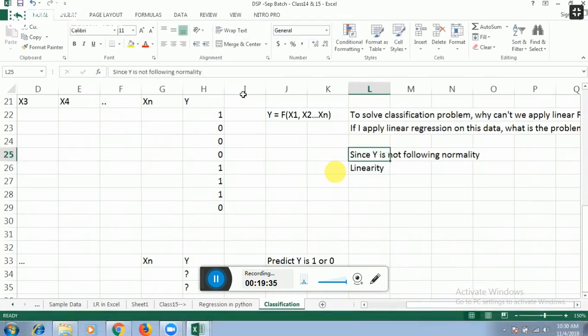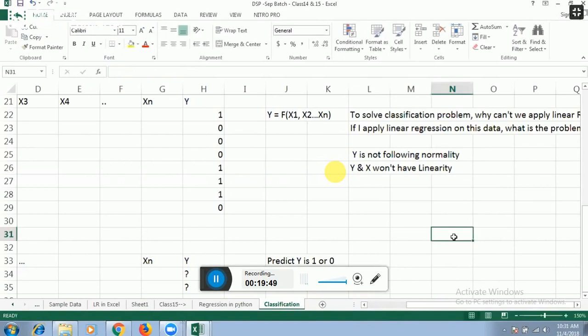So Y is not following normality, and Y and X won't have a linear relationship. Am I correct or not? So if these two fail, what can you do? Obviously, you can't really use linear regression. Okay, are you clear now? Even yesterday I was referring to a concept called generalized linear models.